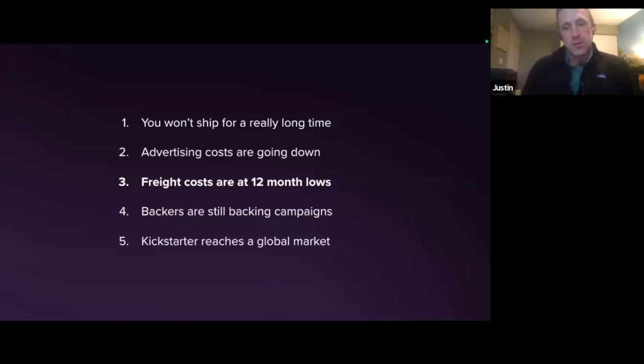Just to compare, we're at levels similar to pre-COVID, 2018, 2019. After the COVID surge, we did hit rates similar to where we're at now, maybe in 2003. But we're at all-time lows in the last 10 years or so. It seems like that trend is going to continue because a lot of people are gun shy.